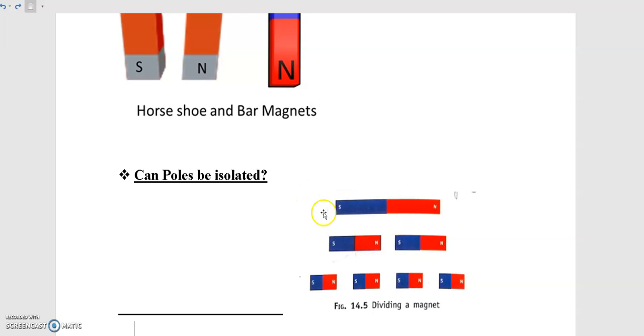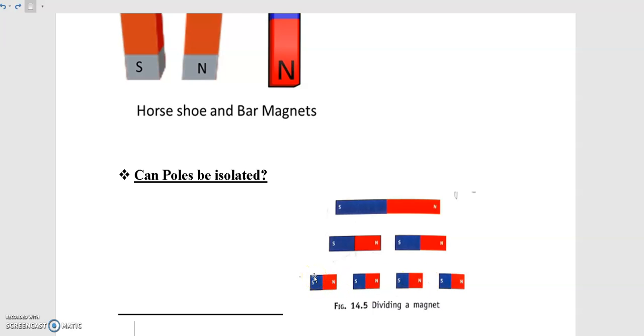So even if we cut this bar magnet into two, each piece would have its own south pole and north pole. If we further cut these two magnets, then we would have four magnets, and even these four magnets will have their own north and south poles.